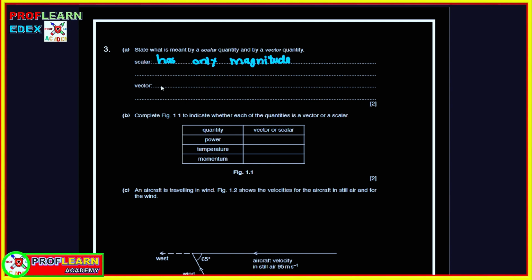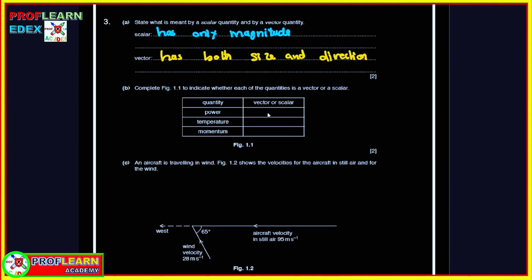Vector quantities are quantities which can be described by both size and direction. Examples of vector quantities include displacement, velocity, acceleration, and momentum. Scalar quantities don't have direction.